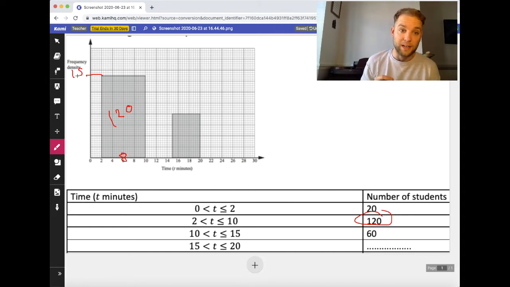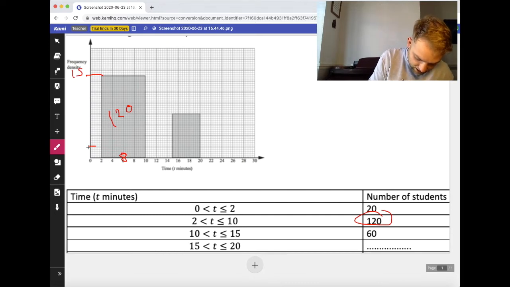Now what I need to do is work out what each square is worth. And I do that by counting up how many squares there are and dividing by the height of 15. So in this case, there's 1, 2, 3, 4, 5, 6, 7.5 squares up. So if there's 7.5 squares up, 15 divided by 7.5 is equal to 2, which means that each of these squares here is 2.